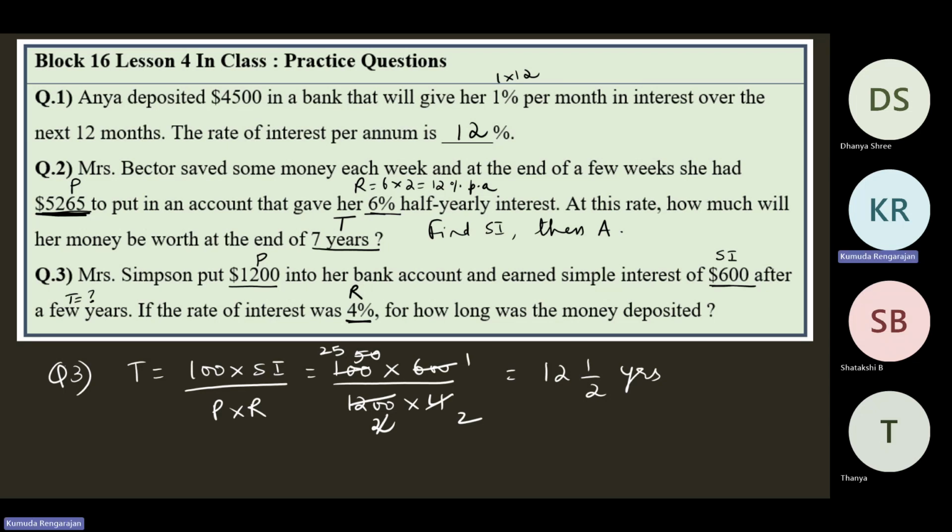It will be a small part of a big answer. So in standard 10, it will not be find simple interest or find compound interest. No. But you will have to use this knowledge to answer a question, and that will be a very small part of that big answer.